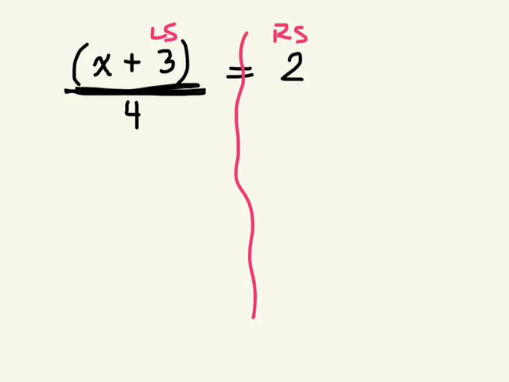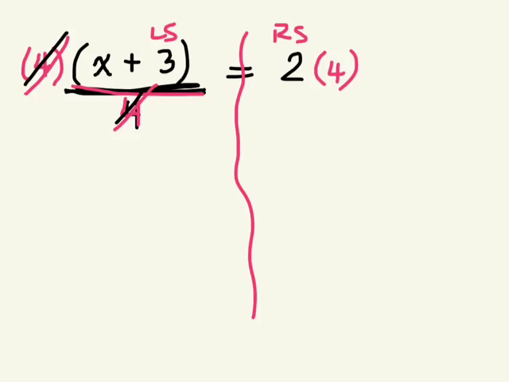Yep. Good. Divided by 4. What's the opposite of dividing something by 4? Multiply it by 4. Anytime you do the opposite operation, you're canceling it out. What do I have to do to the right side then? Multiply it by 4. So I've canceled this out.